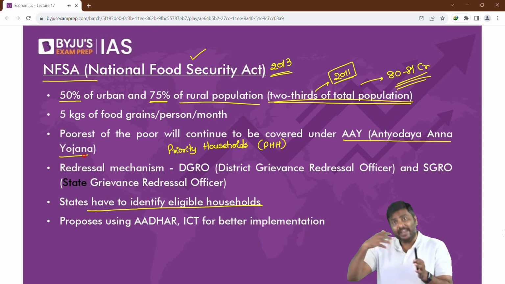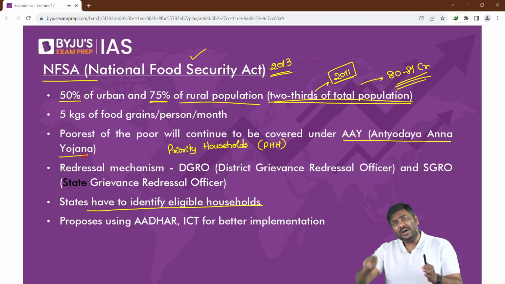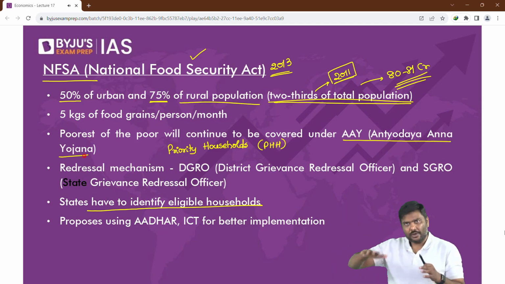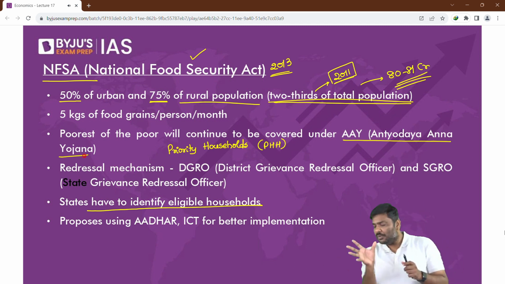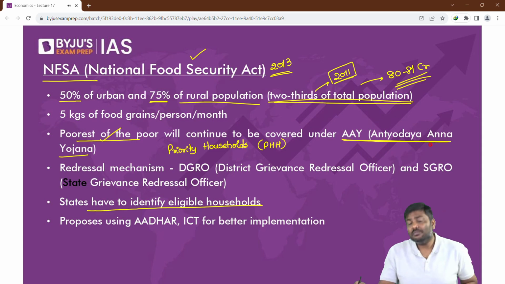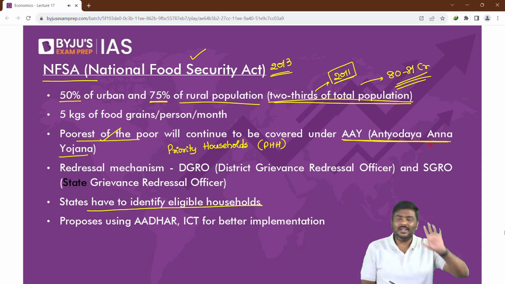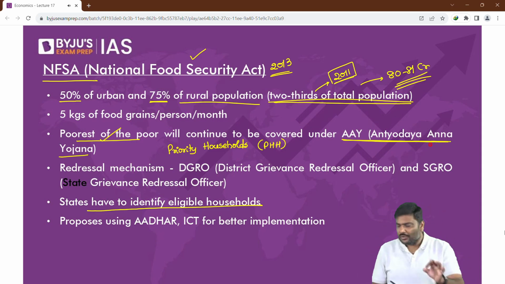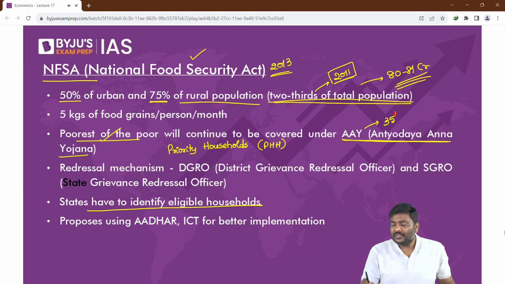Of course, people who are very poor, houses which are very poor, are poor within the poor. I hope you understand. So the poorest of the poor should be given more coverage. That is the reason the poorest of the poor will be covered under one more scheme called Antyodaya Anna Yojana.